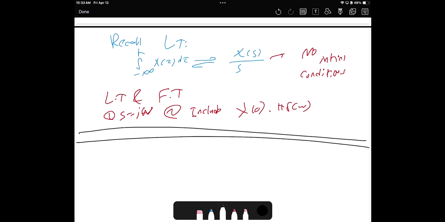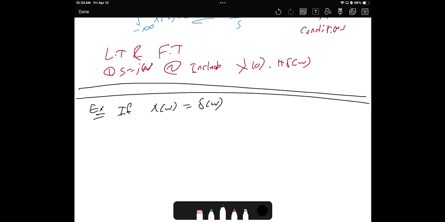Let me give an example. If X(omega) equals delta(omega), now I need to find the inverse Fourier transform. What is x(t), which is the inverse Fourier of X(omega)?